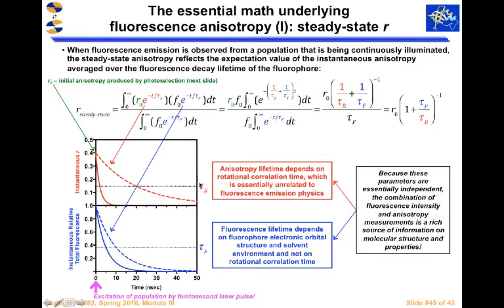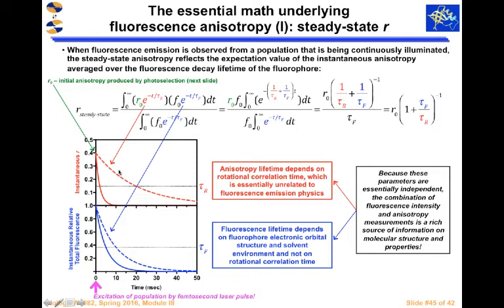So this rotational diffusion coefficient reflects the rate of rotational diffusional reorientation. The anisotropy value is dependent in a simple exponential way on the rotational diffusion coefficient. The anisotropy decays as a single exponential in this rotational diffusion coefficient.